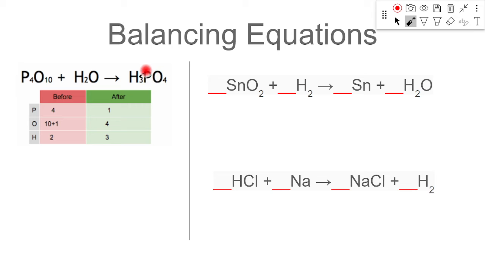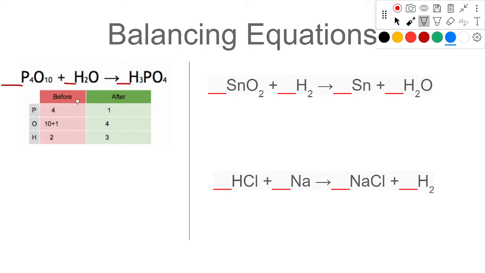And when I get done, I want these. But what I can do is change how many of each molecule I have, and that's what we mean by balancing the equation. So I'm going to draw a little line out in front of each one of these, and we want to work out how many of each of these we need to have for this to work.